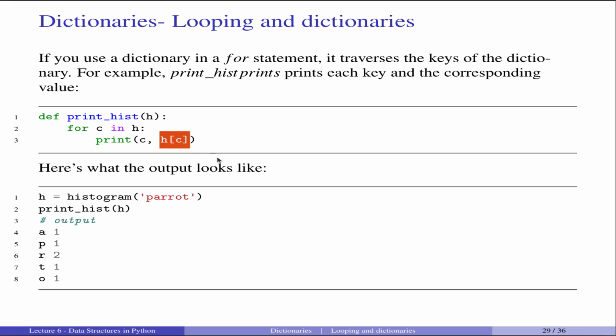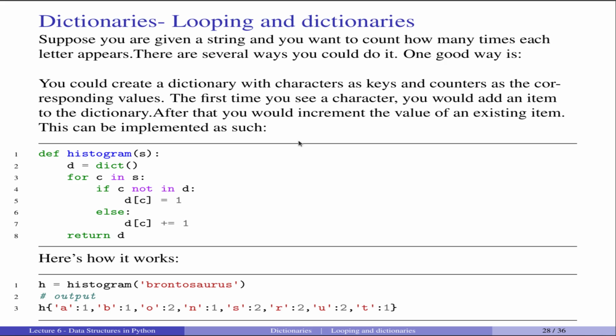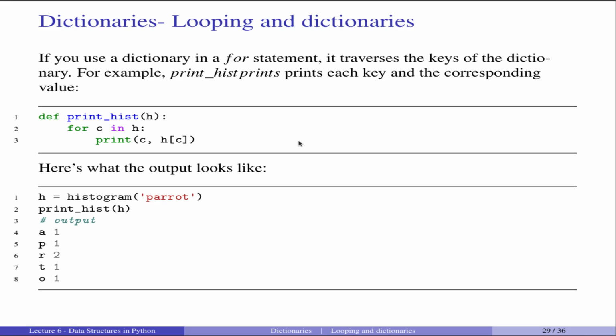Okay, so for example we have print hist h, it takes a histogram, or in other words the dictionary, and for each c in h, meaning for each key in h, it will print the key c and the value at the dictionary h with the key c.